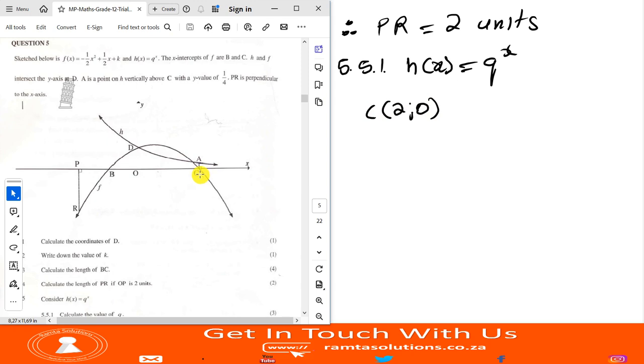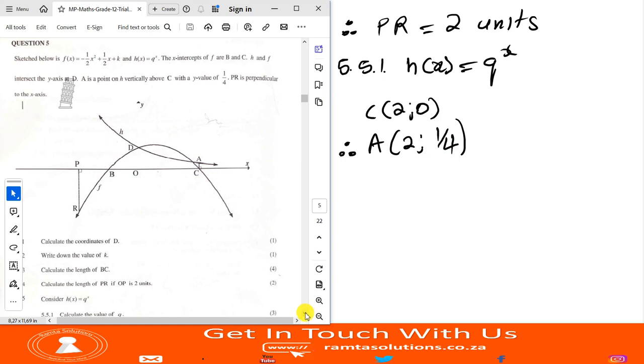When they say vertically above, that means the x value of A is the same as the x value of C, with a y value of 1/4. So the coordinates of A are 2 and 1/4.